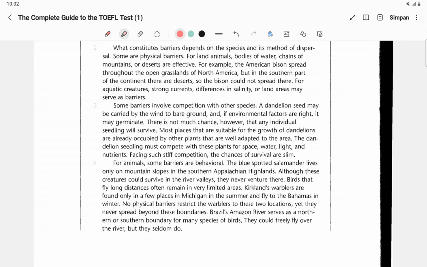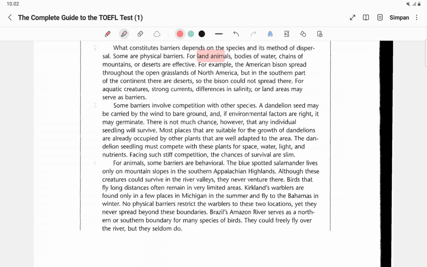For land animals, bodies of water, chains of mountains, and deserts are effective. For example, the American bison spread throughout the open grasslands of North America, but in the southern part of the continent there are deserts. So the bison could not spread there.